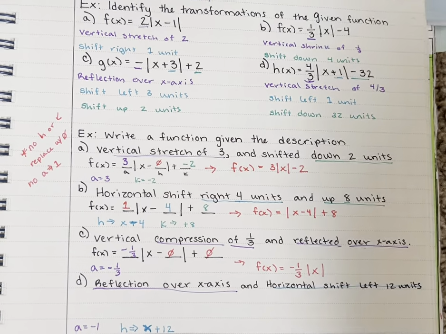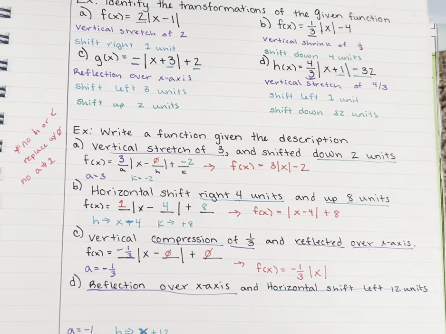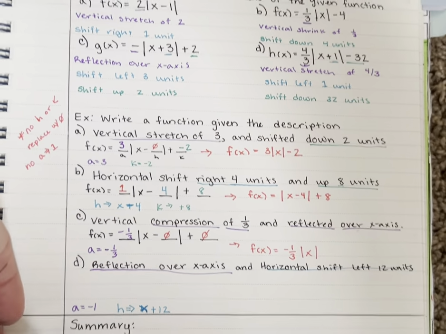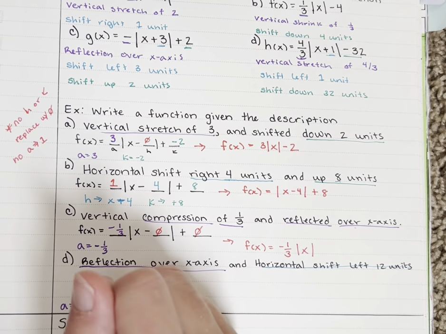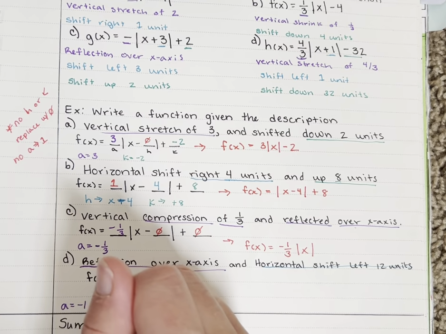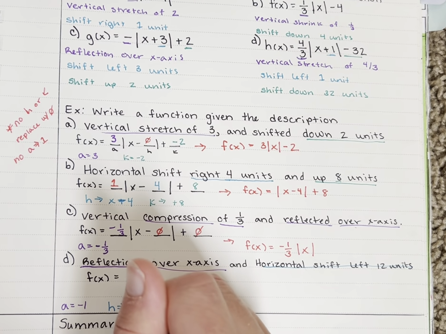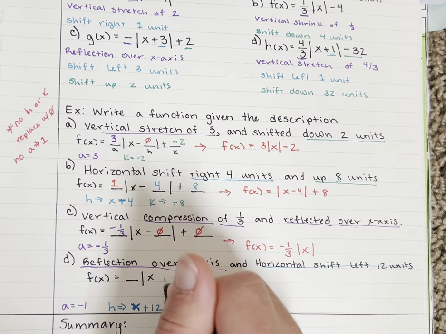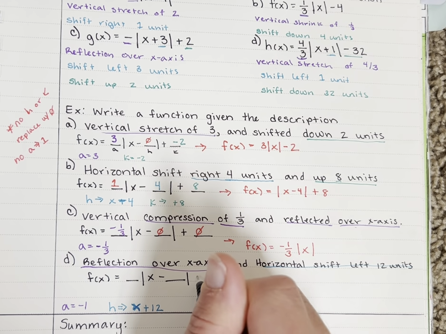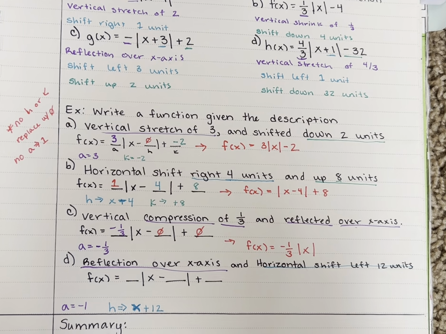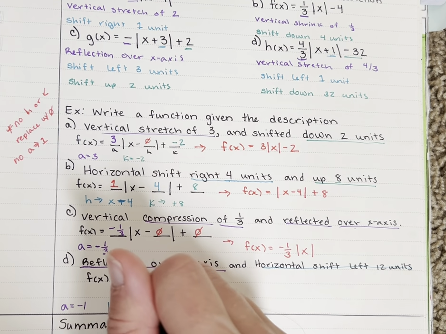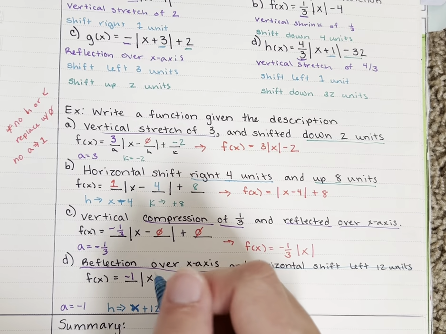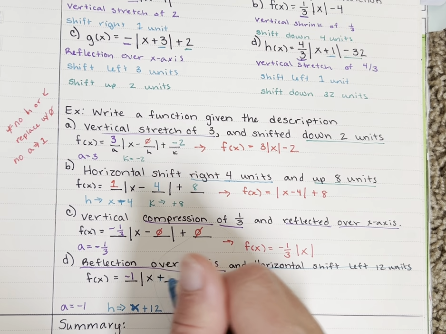So now let's go ahead and write our equation. f of x equals blank absolute value of x minus blank plus blank. Now thinking about the numbers that I'm going to put in there, a is negative 1. Remember, I do have an h. My h is going to the left 12, so I'm going to change that to a plus sign.